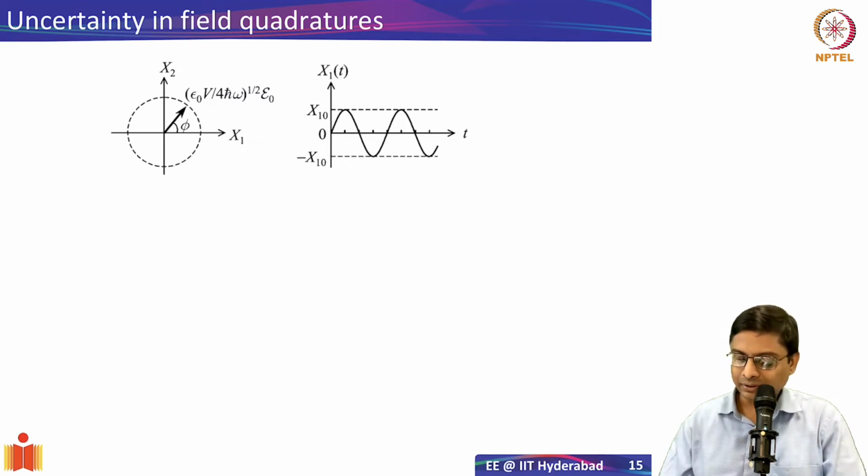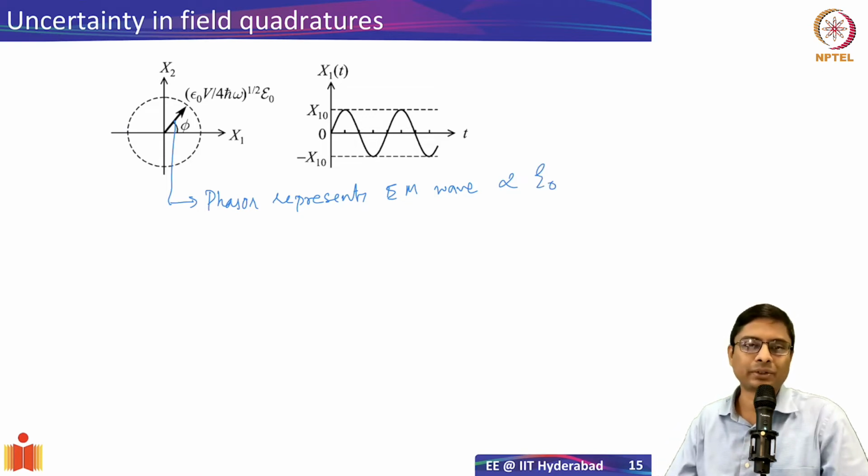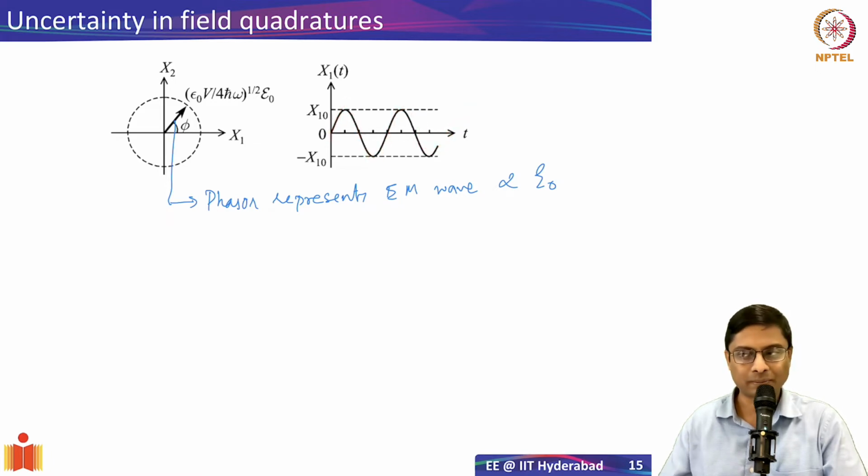We said that this phasor represents an EM wave, and the length of the phasor is proportional to the electric field. This is what we understood. And we can represent the time variation of the phasors in this sinusoidal form.